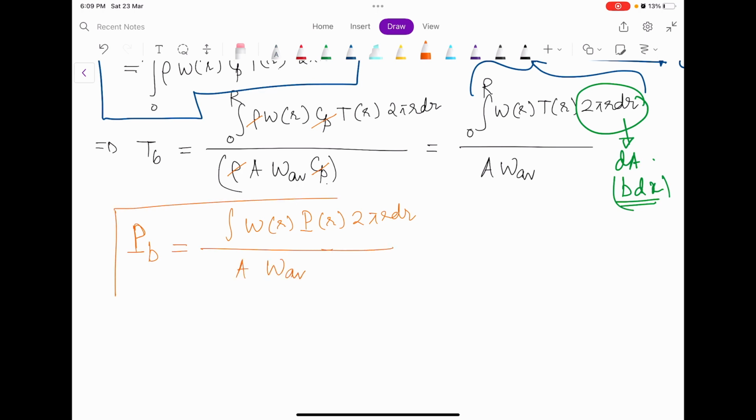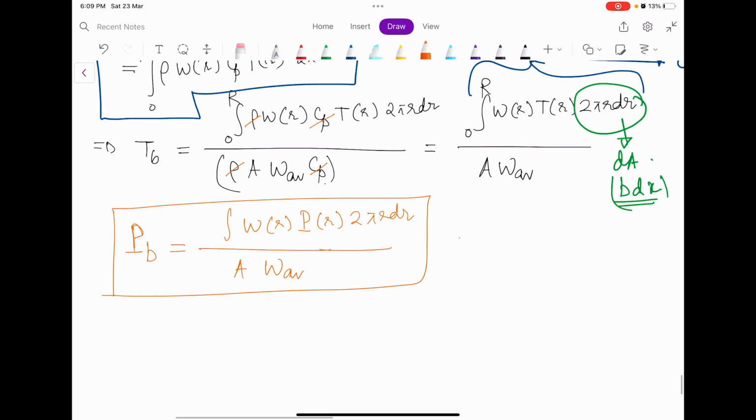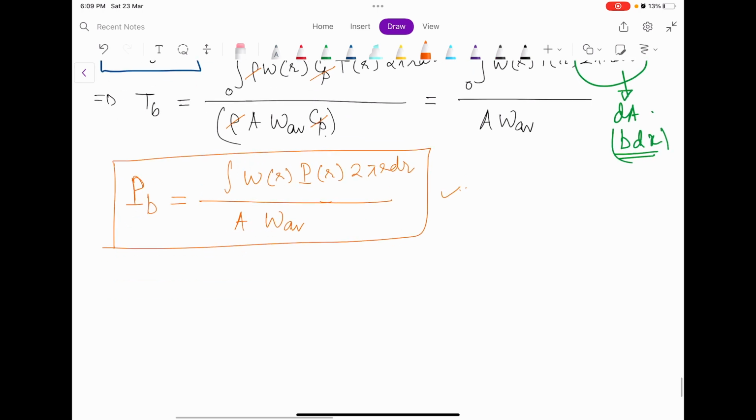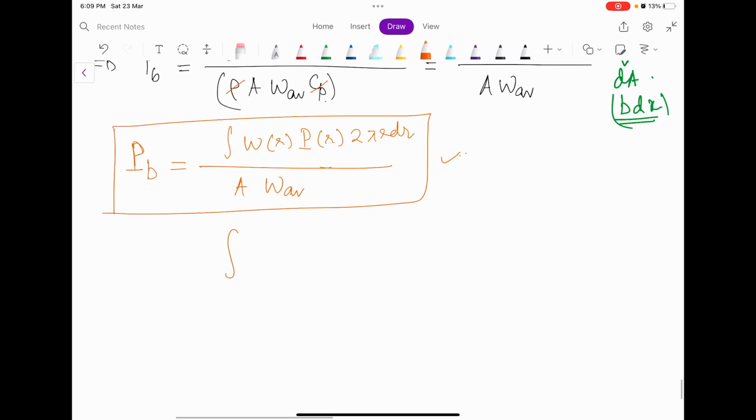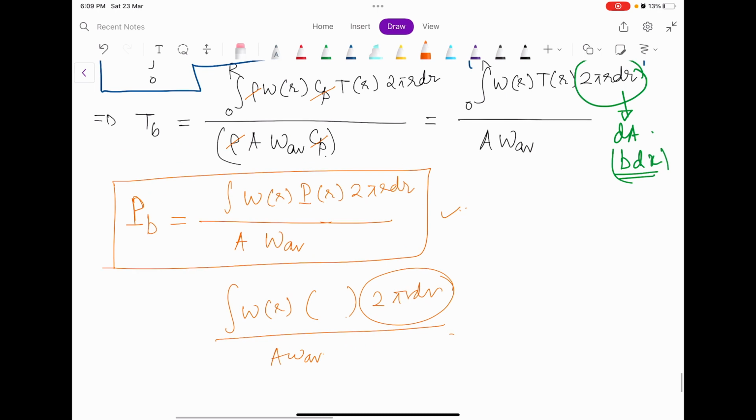So now you know that this is your bulk mean operator. The main quantity is 2 pi r dr by A w average, but this 2 pi r dr is only for cylindrical coordinates.